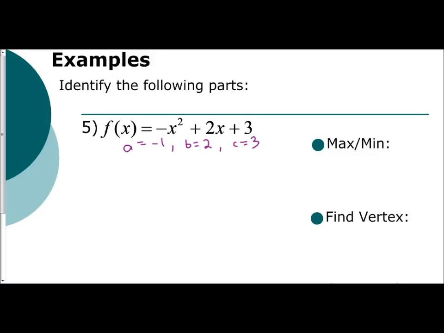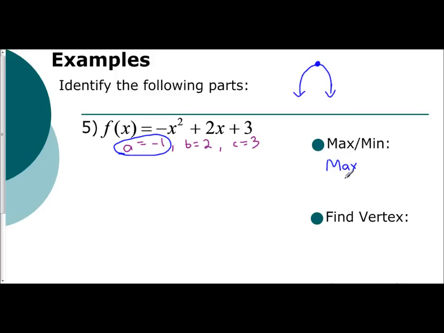So right now, this a being negative 1 tells me my graph is opening downwards, which means my vertex represents the highest point on the graph. And so this quadratic function's vertex is going to represent a maximum point.